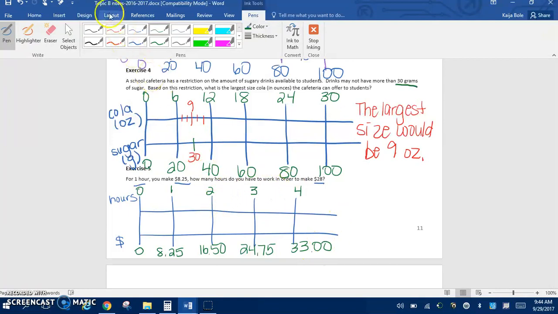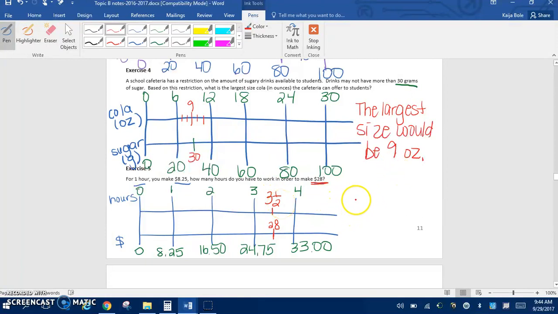The question asks, how many hours do you have to work in order to make $28? So we are looking for $28, which is going to be somewhere in between here. This is 28, so we look in between 3 and 4, so this would be 3.5.